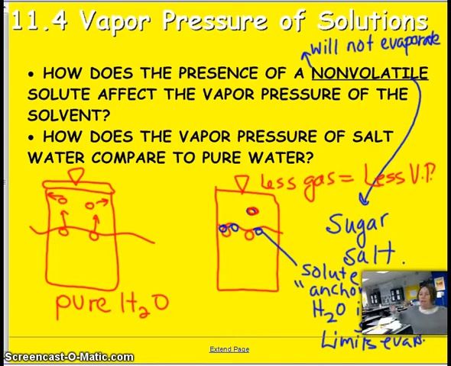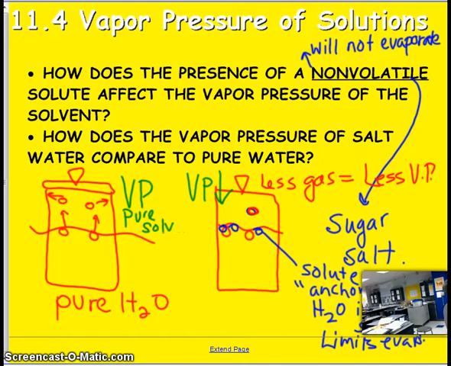So the general statement that can be made is when you add a non-volatile solute to a solvent, it will lower the vapor pressure of the solution. So the vapor pressure of this solution will be less than the vapor pressure of the pure solvent. And that is known as Raoult's law. We'll be performing calculations and quantifying that in just a moment.